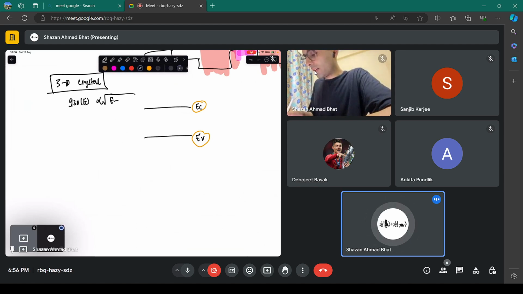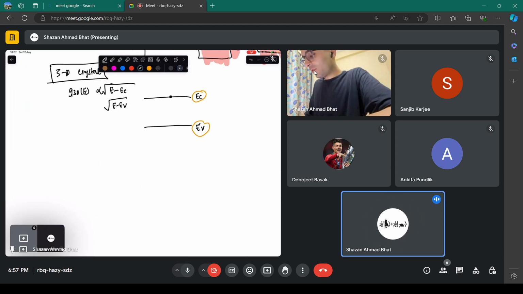So you can write it as E minus EC, which means you measure it from the conduction band, or you can write it as E minus EV, or rather EV minus E, measured with respect to the valence band.